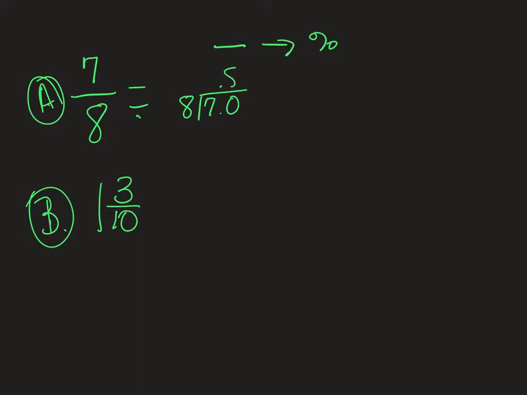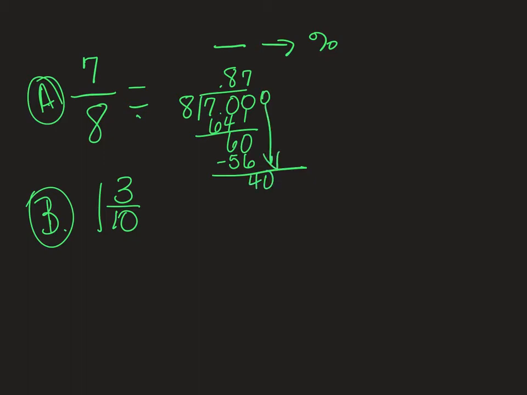Well, 8 times 8 is 64, right? Which leaves you 6, annex another 0. And 8 times 7 is 56. Which leaves you 40.